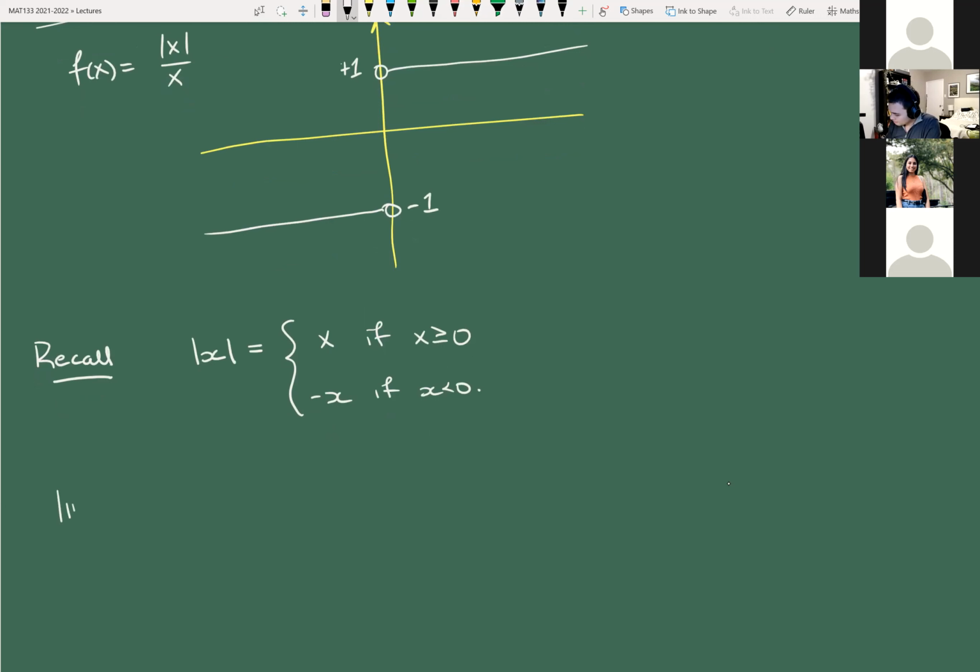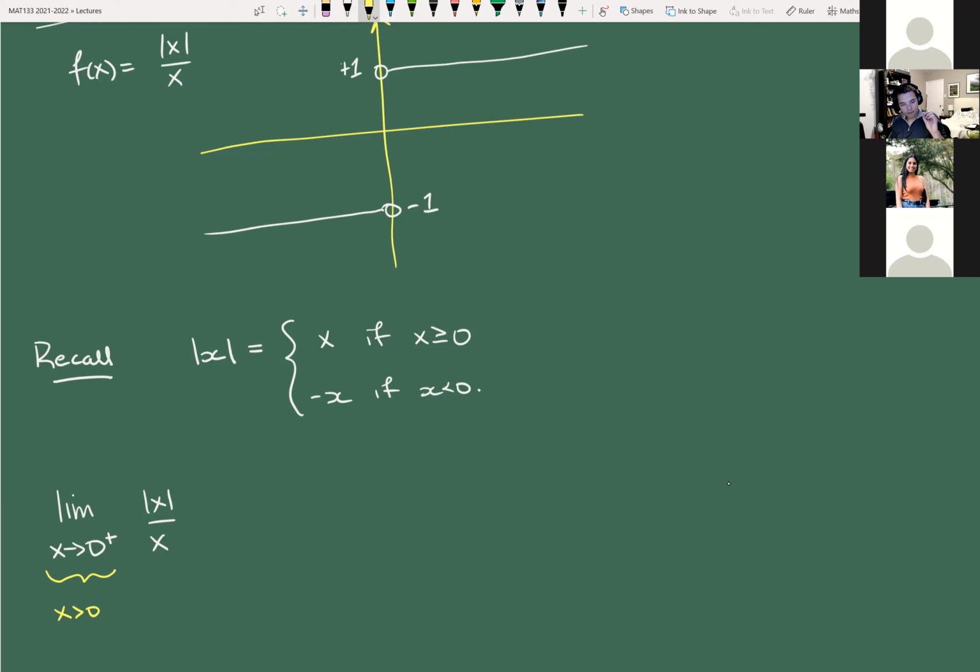So when I take the limit as x approaches 0 from the right, I'm assuming x is greater than 0. If I approach 0 from the right, I'm bigger than 0.